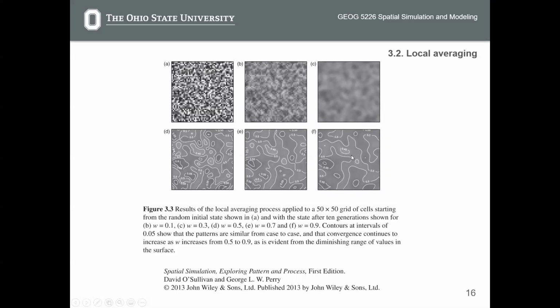These contour lines circle different aggregations, different cells with similar values, but compared to surrounding cells, they form smaller aggregations, smaller clusters.